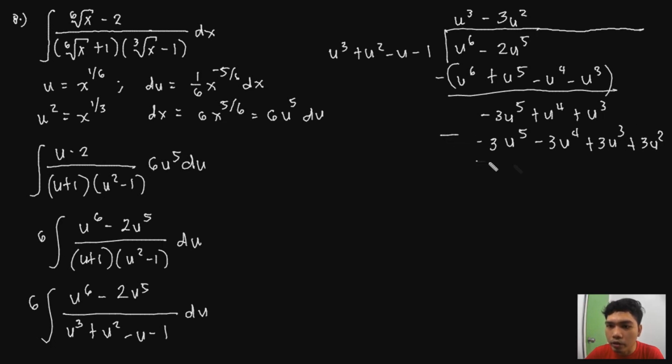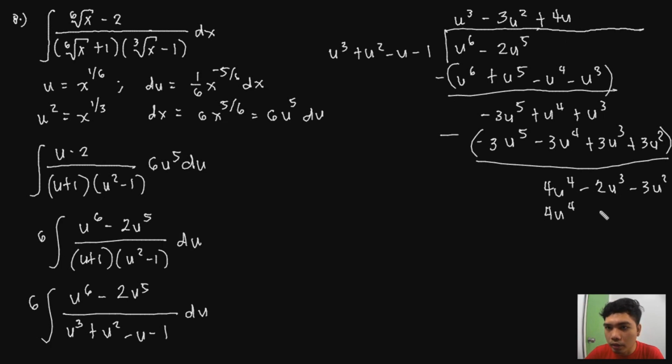Okay, then we subtract. So I think we won't fit here, no? So we can cancel this out, and then this becomes positive 4u to the 4th, and then I think this becomes minus 2u cubed, and then this is minus 3u squared. And we divide this again, so we have plus 4u, and that is 4u to the 4th, and then plus 4u cubed, and then minus 4u squared, and then minus 4u.